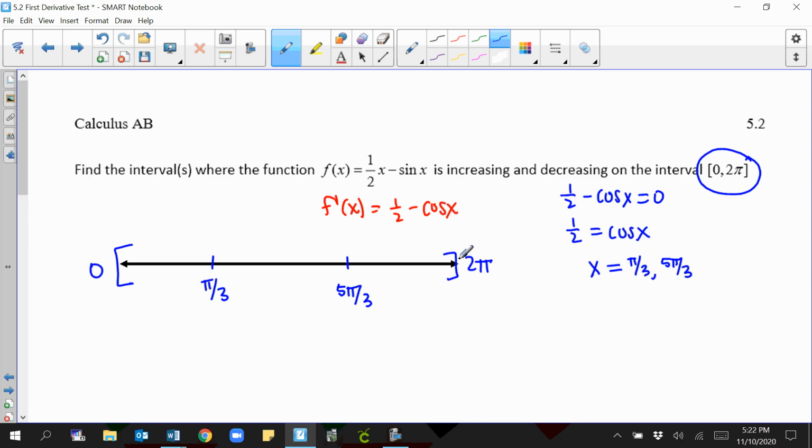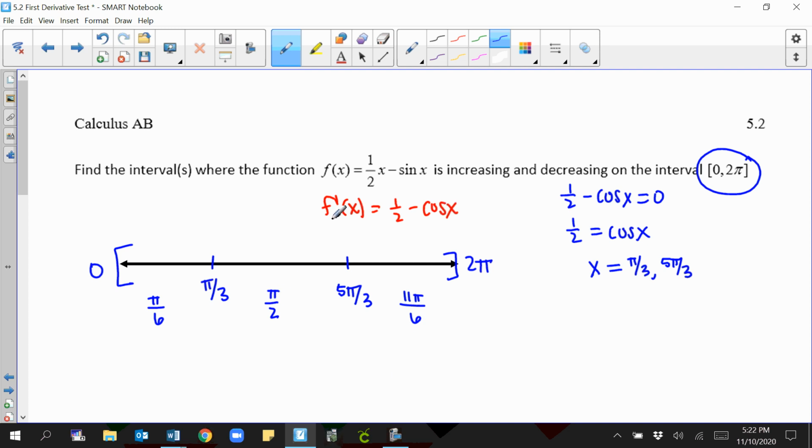In between pi over 3 and 5 pi over 3, we could do pi over 2. And between 0 and pi over 3, let's do pi over 6. And over here, between 5 pi over 3 and 2 pi, let's do 11 pi over 6.